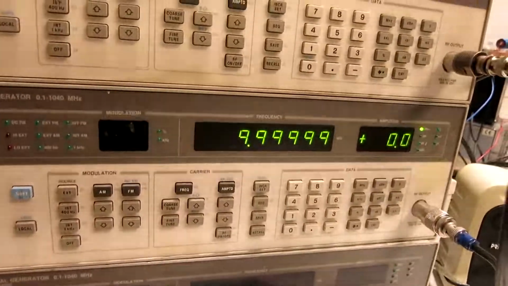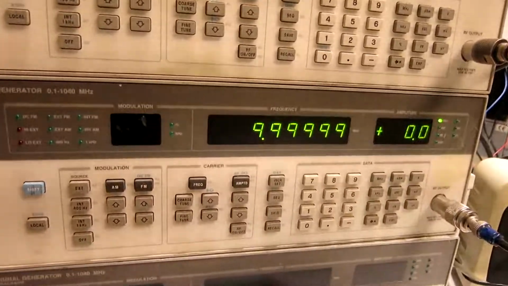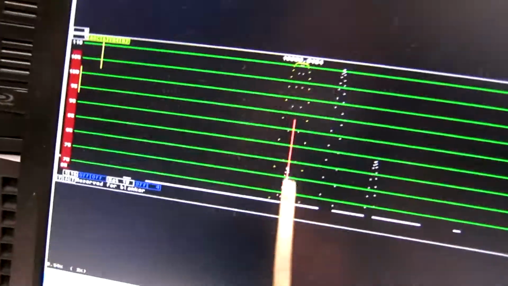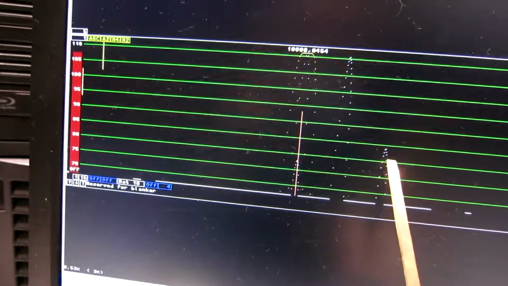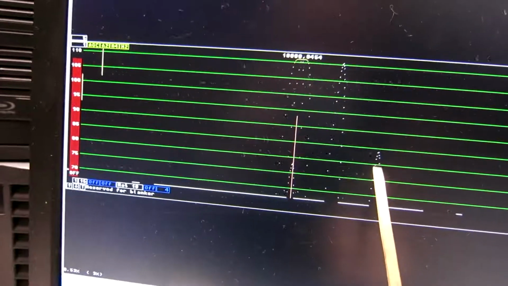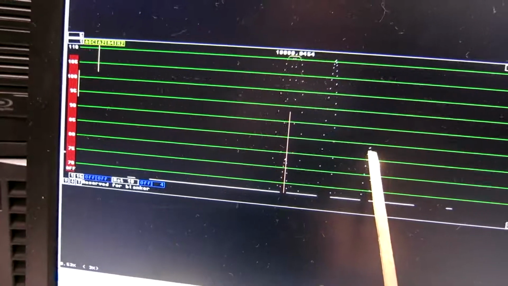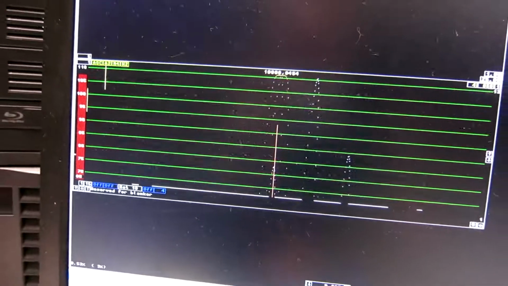Now the frequency is below the resonance by 10 Hertz. That is this signal. And the intermodulation or whatever on the other side is stronger, as you can see.